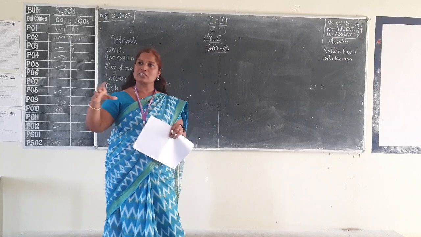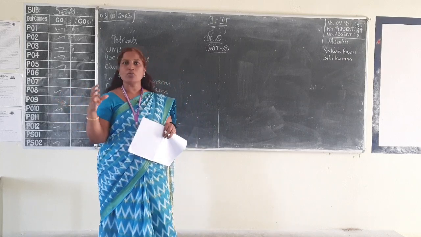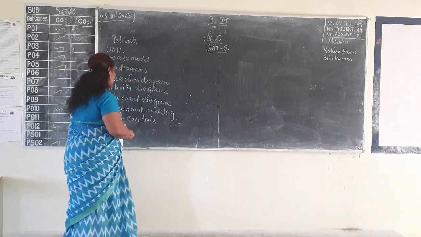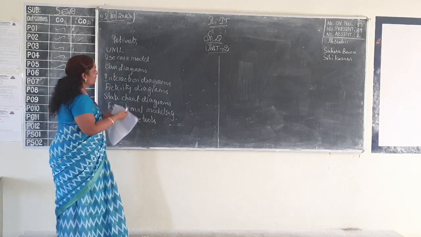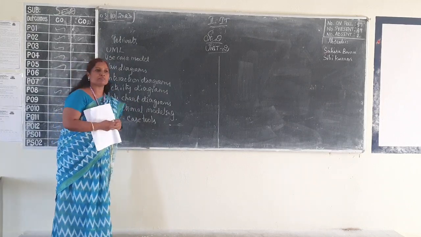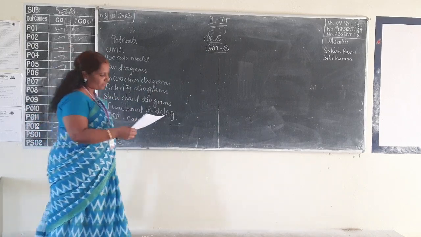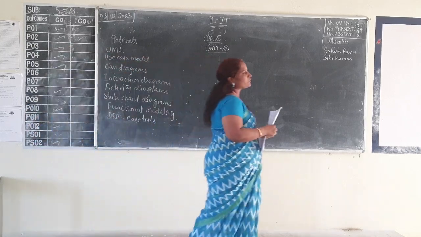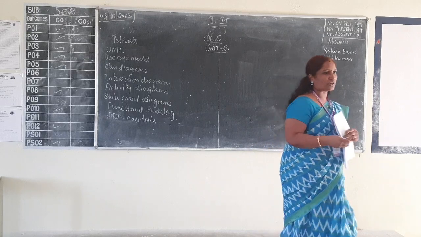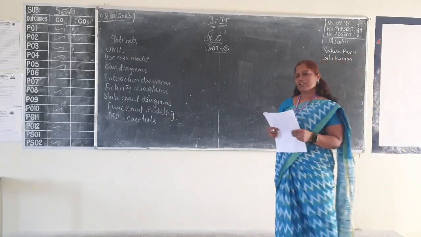So how the data is flowing from one end to another end. Those things will be depicted using various modeling. So all these things are your OOAD, object oriented analysis and design.